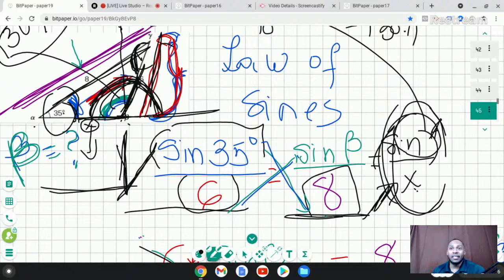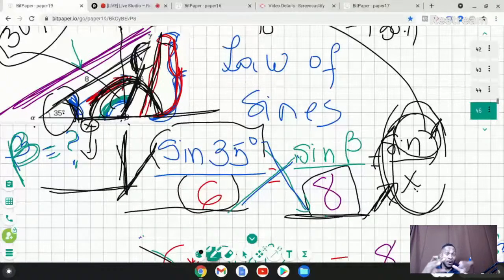Now, the law of sines says the sine of this angle divided by the length of the side that is directly opposite to that angle is the same all throughout the triangle. And I'll move on to the next angle.